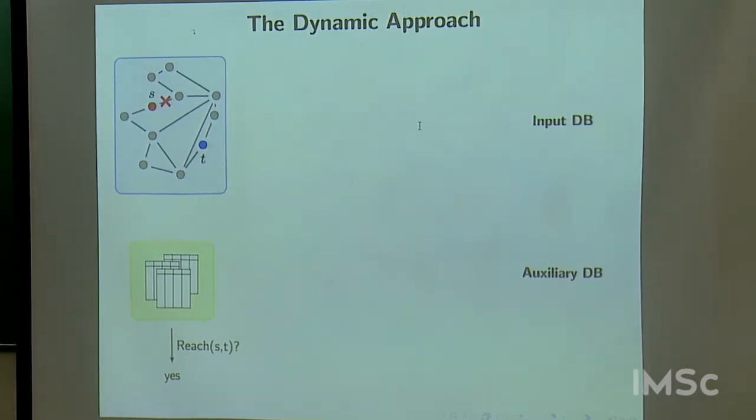So for example, here you have S and T, two nodes, and at some point this is what the graph looks like.